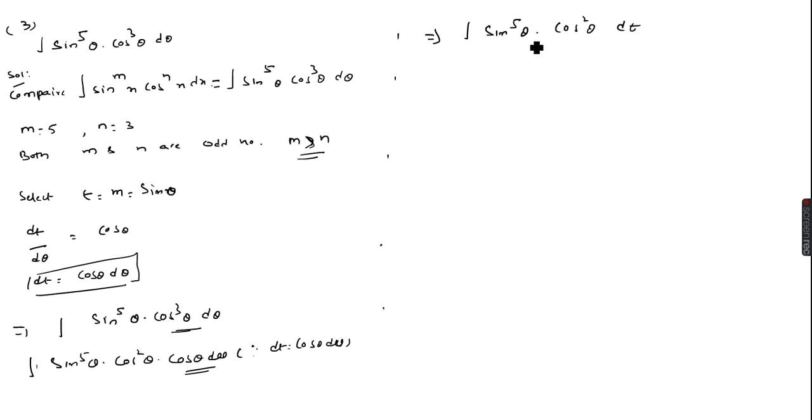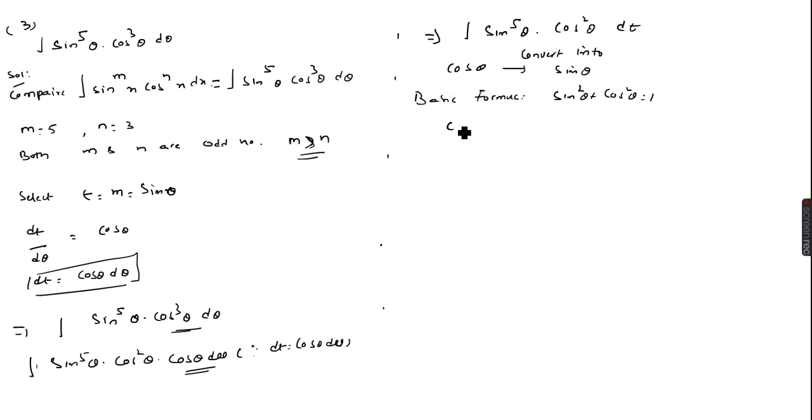And next, the cos theta is converted into sin. So what is the basic formula? The basic formula is sin square theta plus cos square theta is equal to 1.